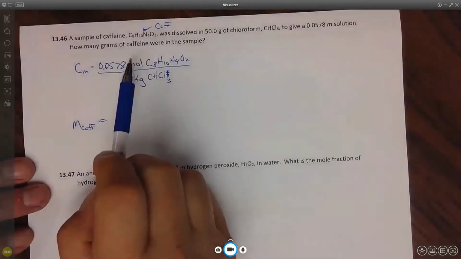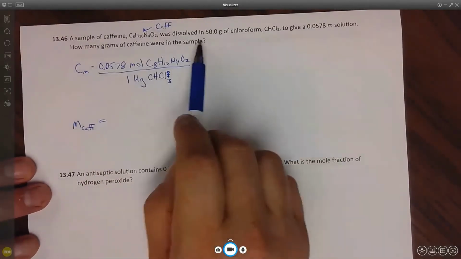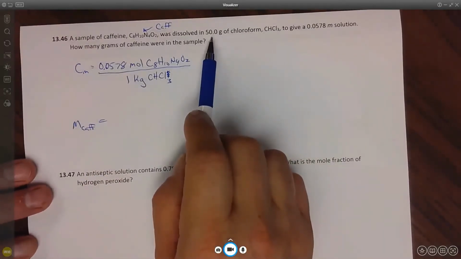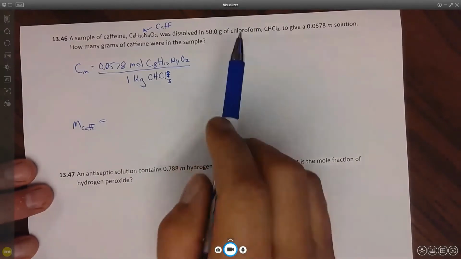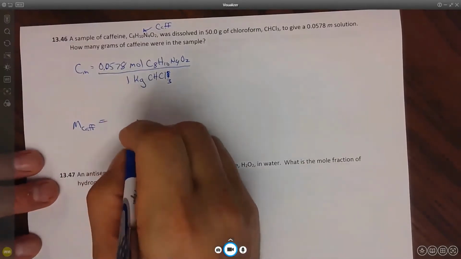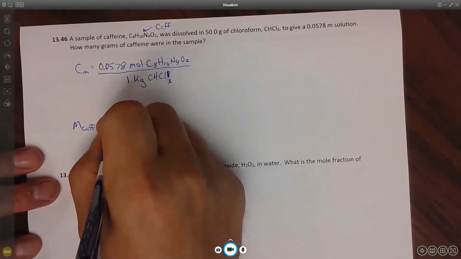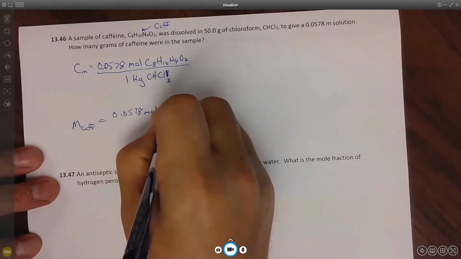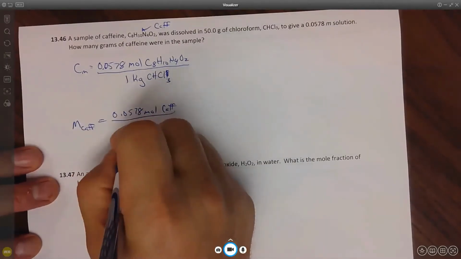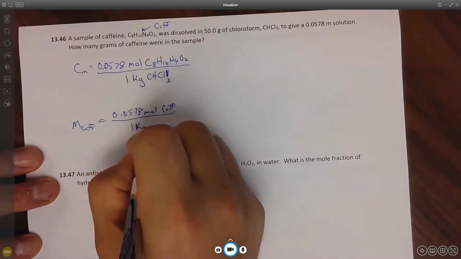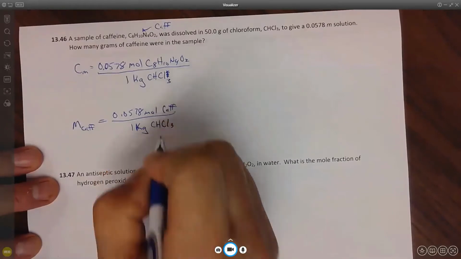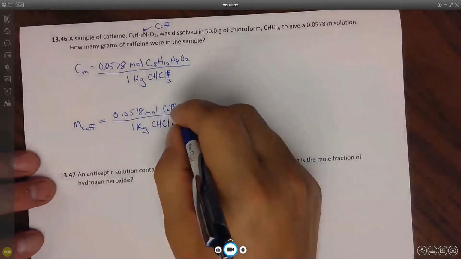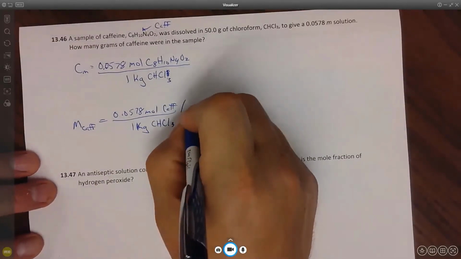But that's the molality, but I only have the 50 grams of chloroform. So to get the moles then, I'm going to have to multiply my molality, the moles of CAF per 1 kilogram of the solvent, by the mass of the solvent, which was 50 grams.